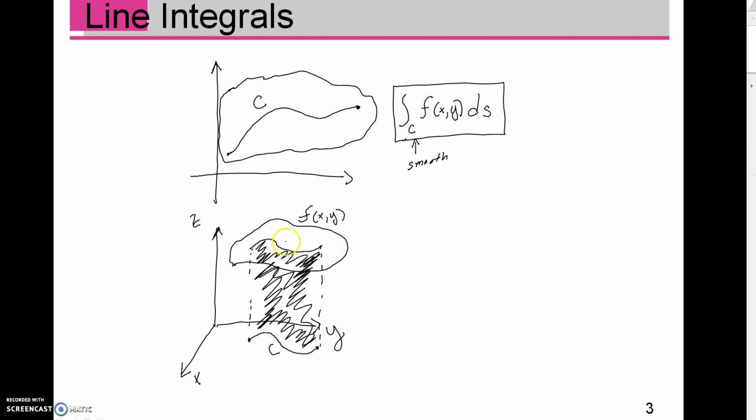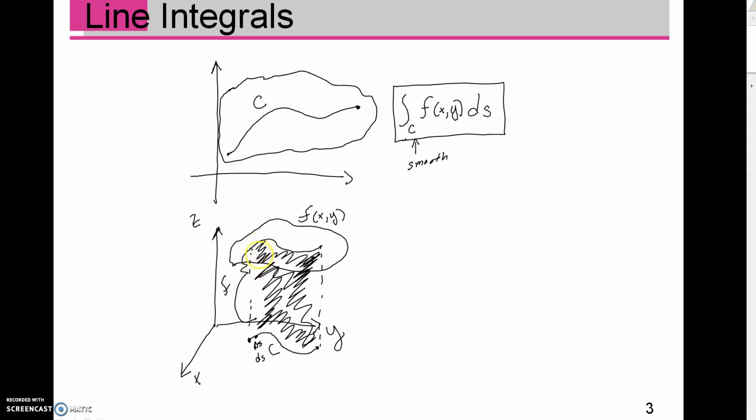All right, so the question is, how do we do that? Well, looking at C, we can look at these small changes in C. So we would say change in the distance S, S for distance here. Change in distance S, which if it's small enough, we're talking about ds. And we also want the value of f.